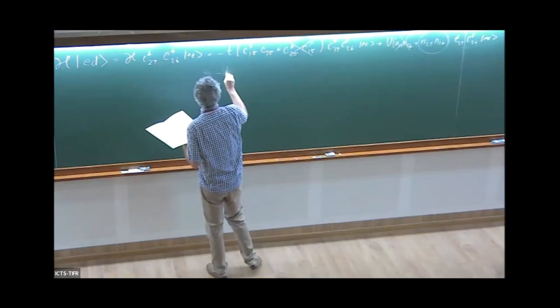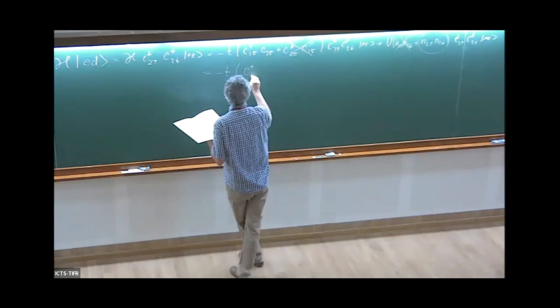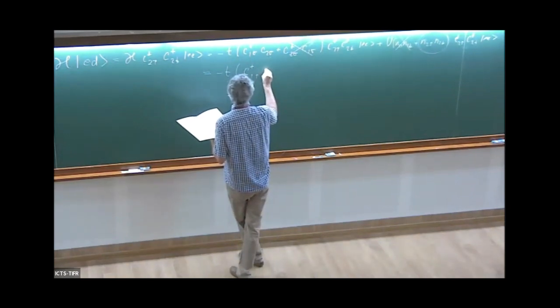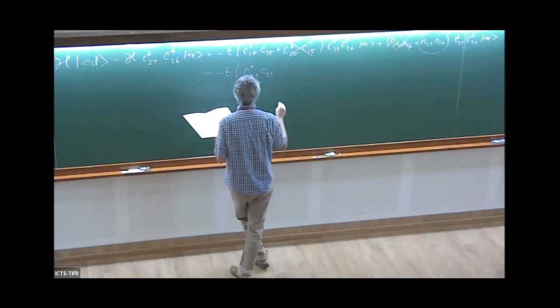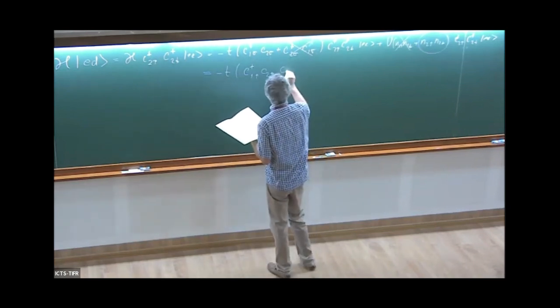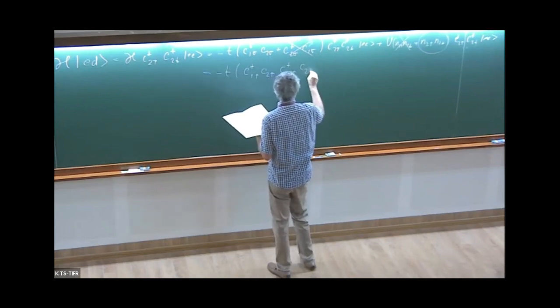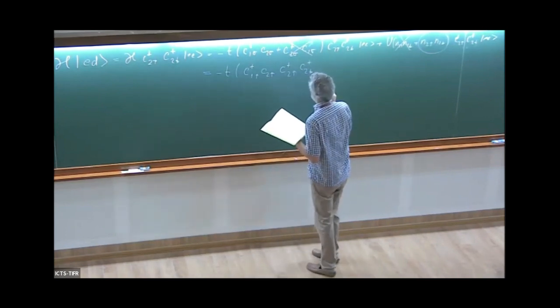It is minus T times, so C dagger 1 up, C2 up, C2 down, up, acting on this state, C2 up, C2 down, dagger.